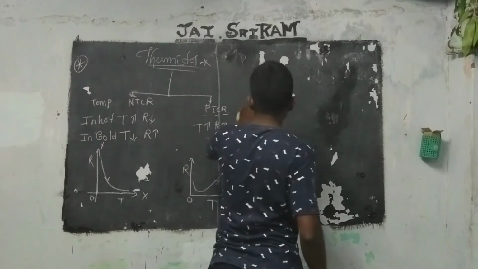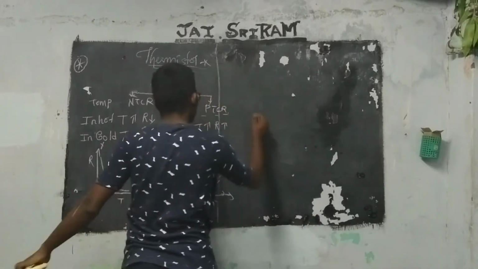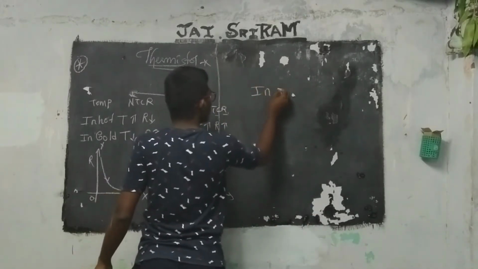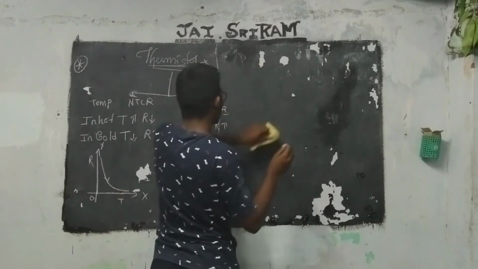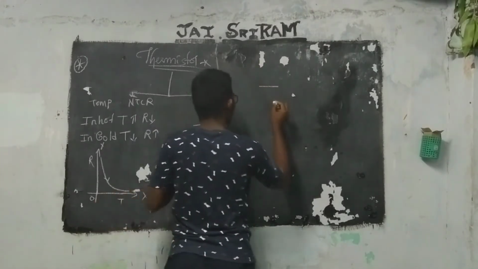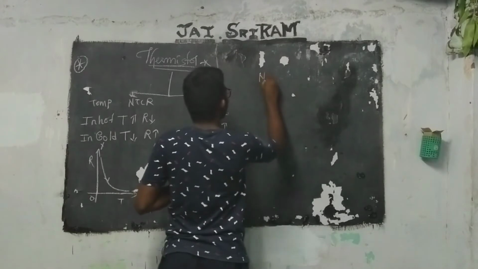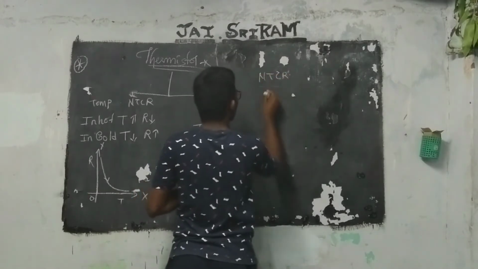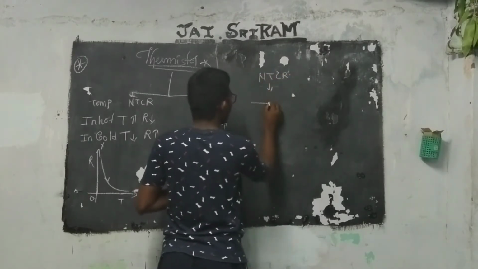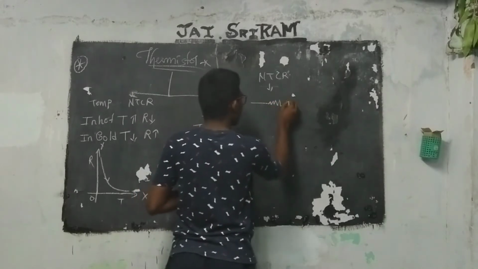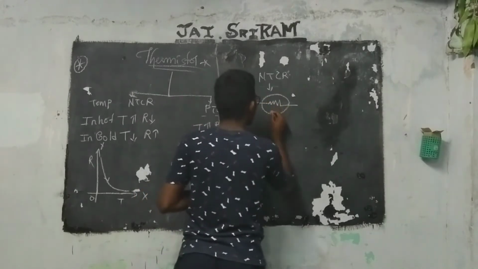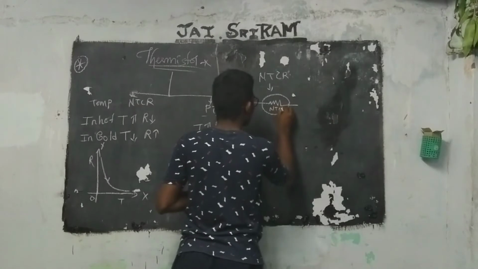For example, we denote the NTCR resistor like this: a resistor, a circle, and NTCR. This is the symbol.